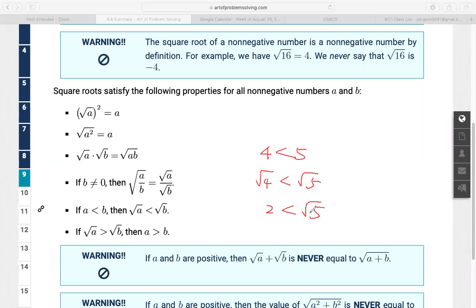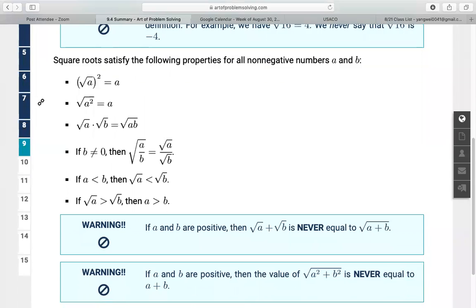The backwards direction is also satisfied: if root a is greater than root b, then a is greater than b. Suppose root 5 is greater than root 4, then you get 5 is greater than 4. This is a formula you need to understand.